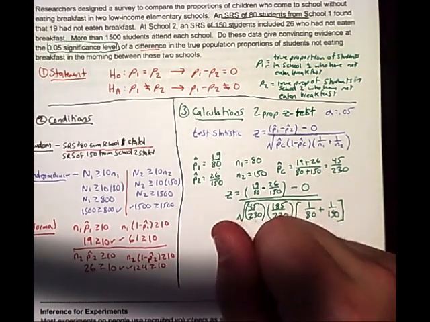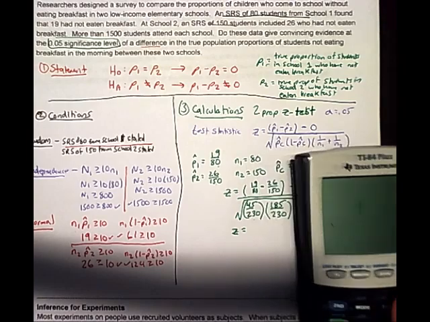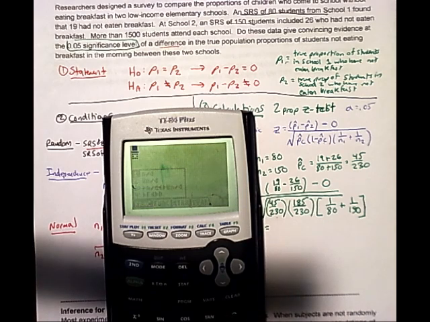So Z equals, this will be a little cumbersome to do. If you want to put them in and get decimals, you can.